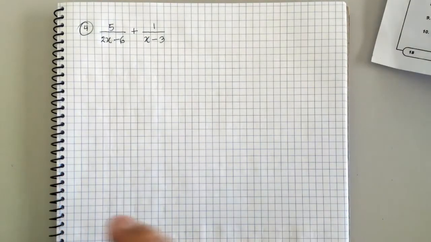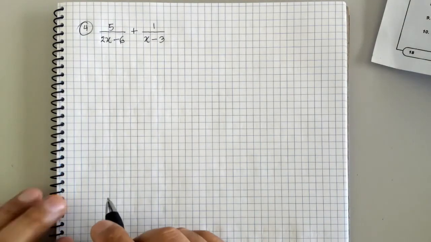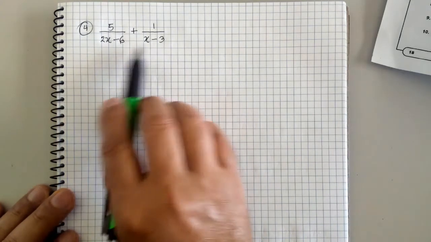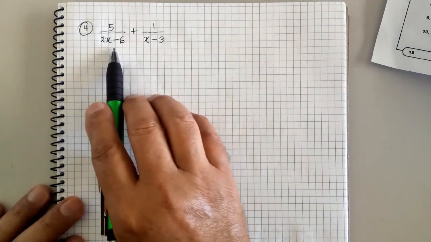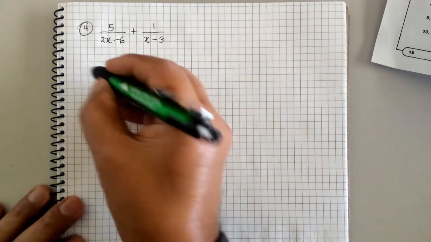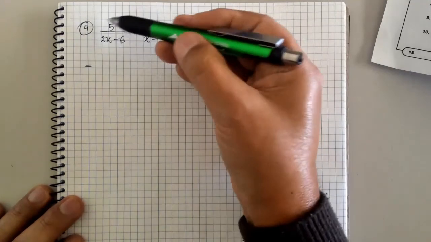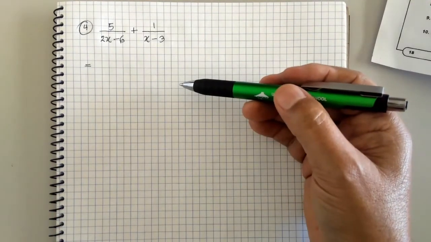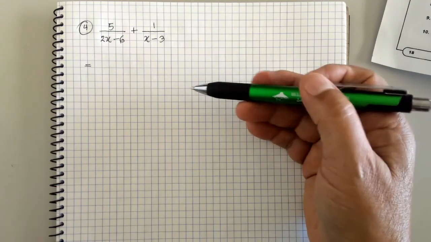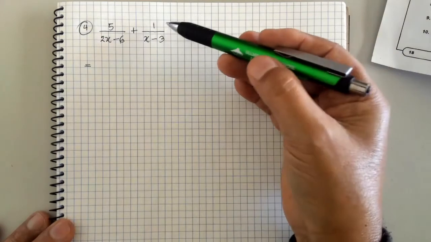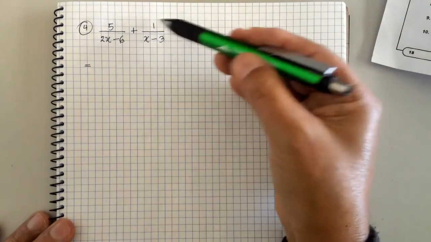All right, now we need to pay attention. Before we do anything, we need to see whether we can take common factors. We are going to look at the first fraction and see if we can somewhere take common factors, and then we're gonna add this fraction here.